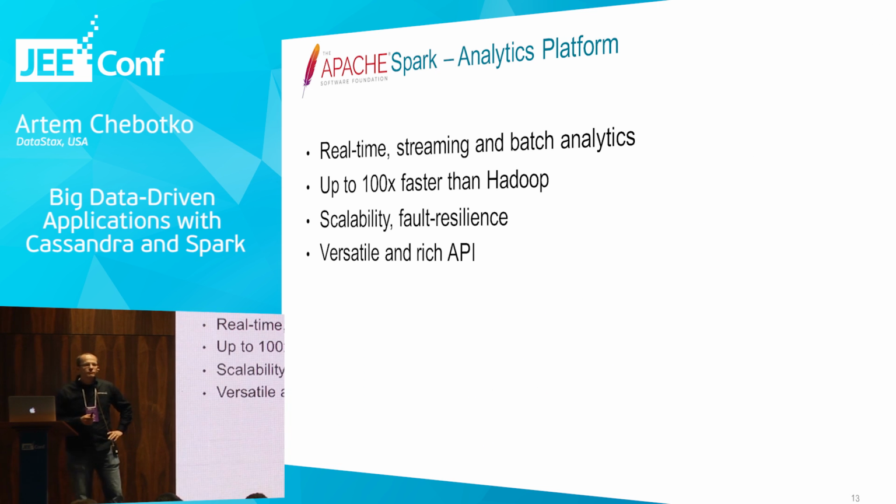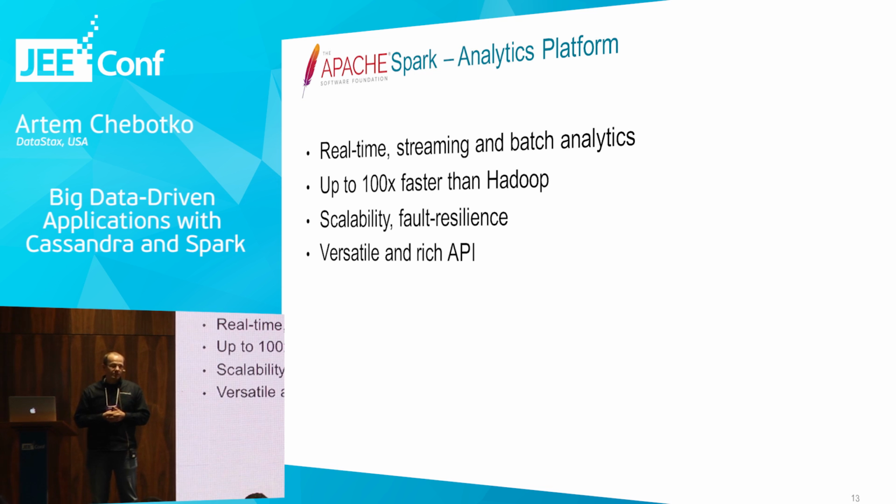Now Spark has a different goal. It's a distributed analytics platform. It supports near real-time analytics, also streaming analytics and batch analytics. And as we already heard today, it can be up to 100 times faster than Hadoop, primarily because it handles a lot of operations in memory.